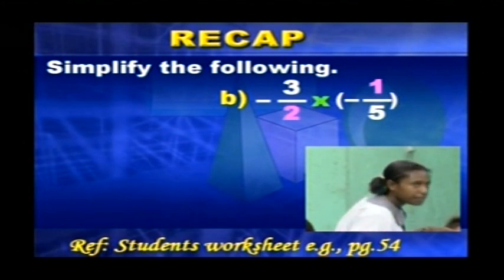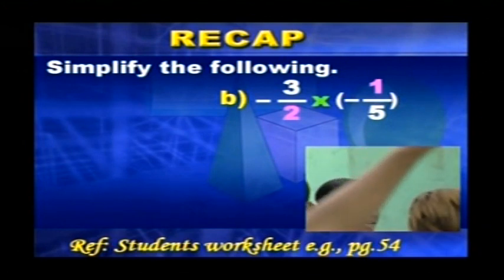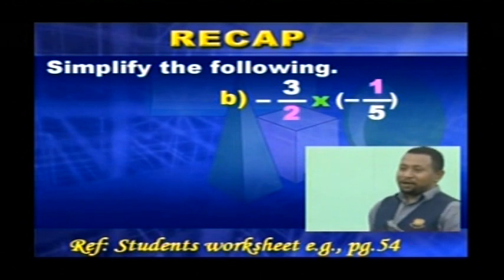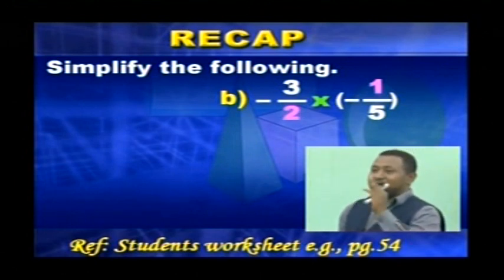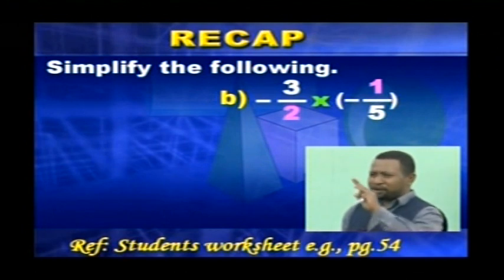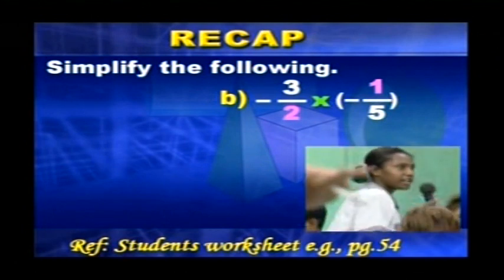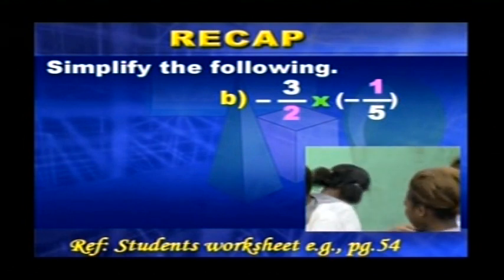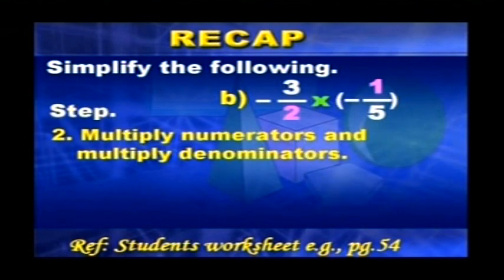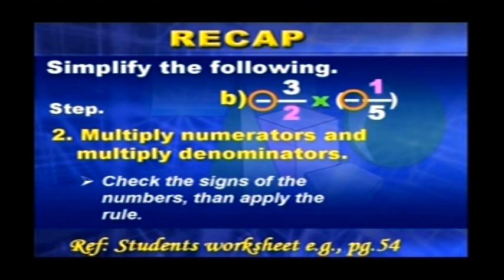CD, good try. I'm asking for the rule. You said check the signs. You are correct. But I'm asking, when you check the signs, which rule did you come across? Negative times negative. Very good. When you check the signs, you should come across this negative times negative, which is circled there in orange color.